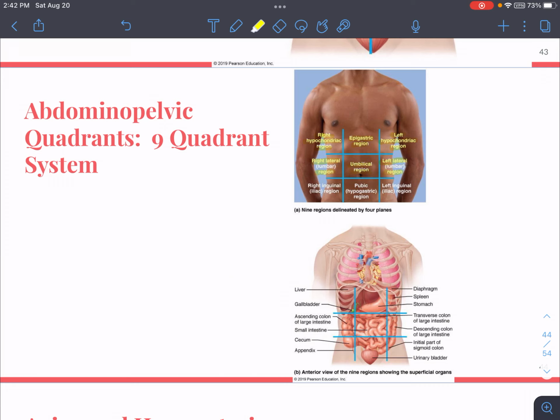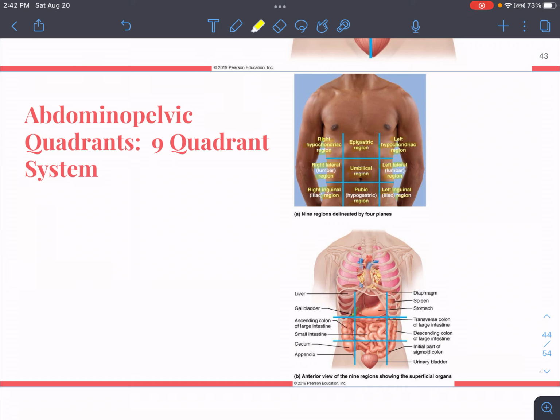We have an umbilical region. Then we have a right inguinal region, a left inguinal region, and then a pubic region. Think pubic bone is in the pubic region. We have the inguinal areas where the inguinal area of the body is named for.